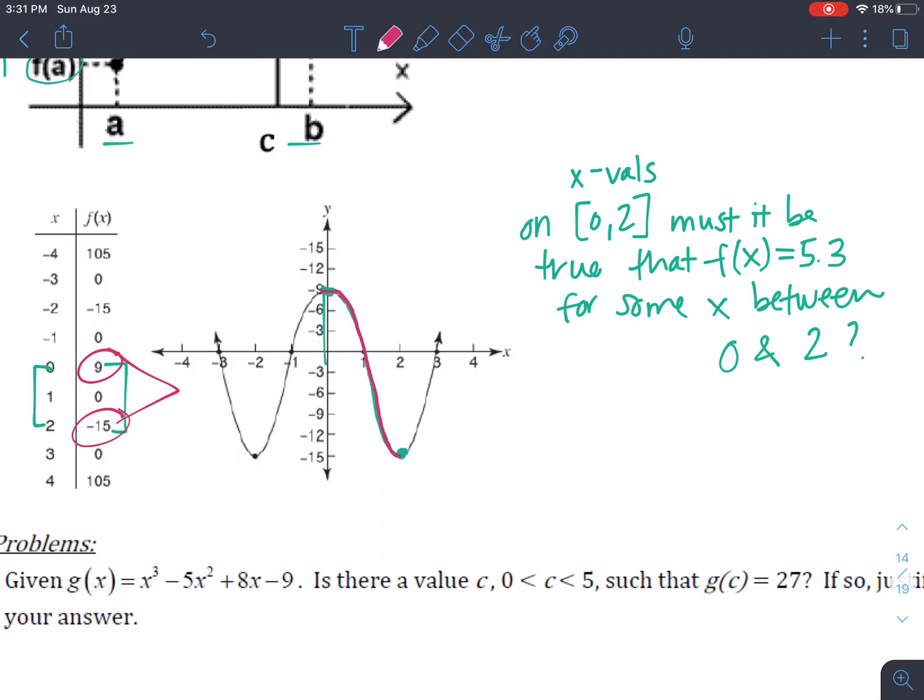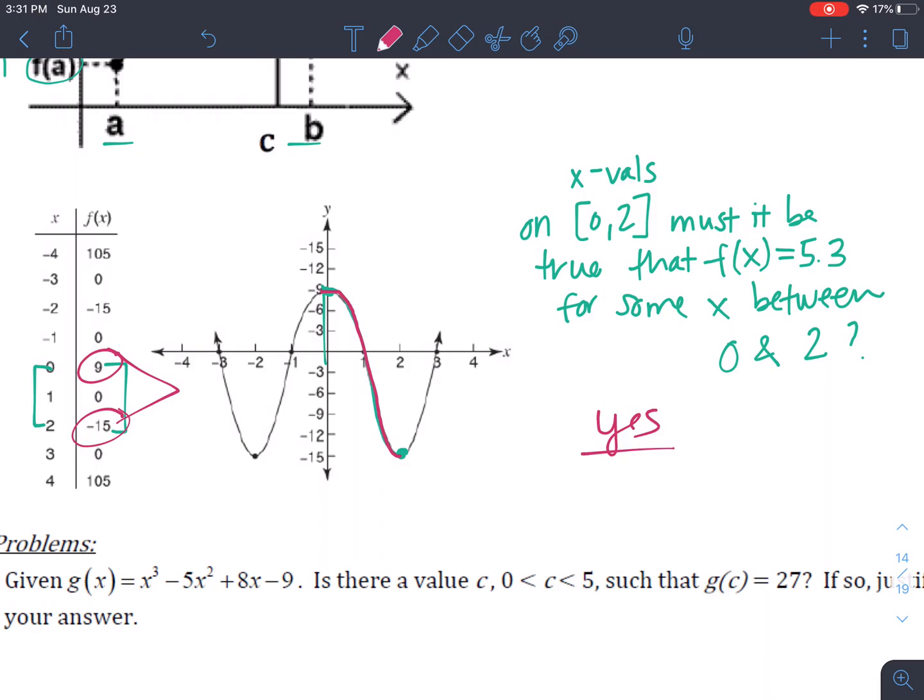Yeah, right? 5.3 happens at some point, maybe more than once, but at least once between 9 and negative 15. So this is a yes, because we're guaranteed to hit 5.3. Since 5.3 is between negative 15 and 9, at some point between 0 and 2, I don't know what the x value is, but some value here has f of x equals 5.3.